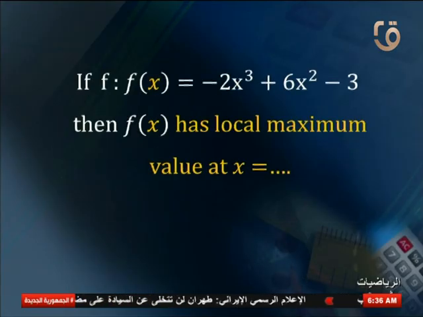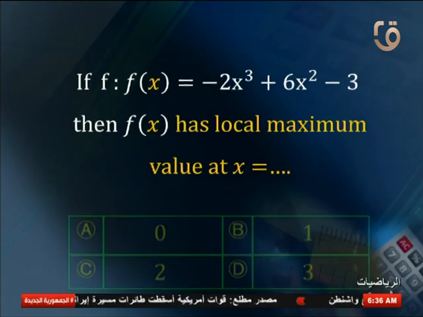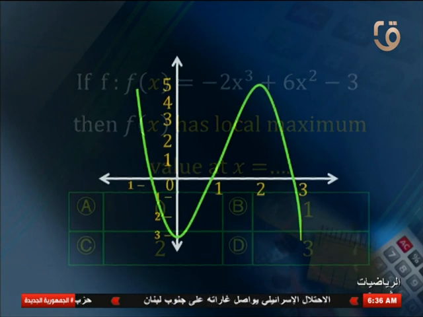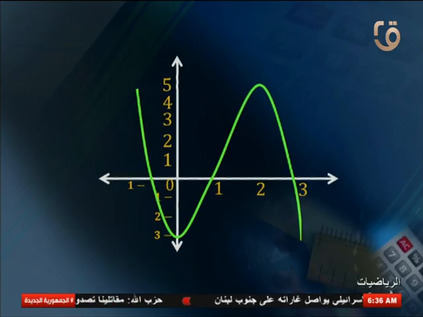Look at another example. F of x equals -2x power 3 plus 6x power 2 minus 3. Then f of x has a local maximum at x equals, choose the correct answer: 0, 1, 2, 3. By the same method, find f dash of x. Look at this sketch.